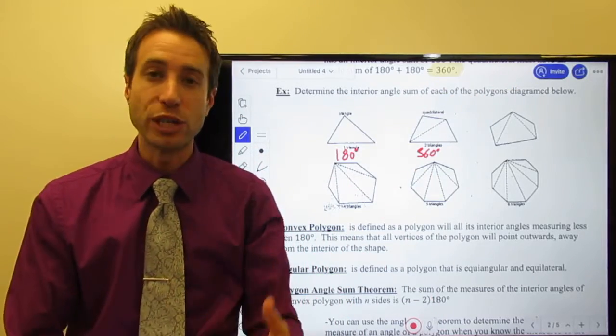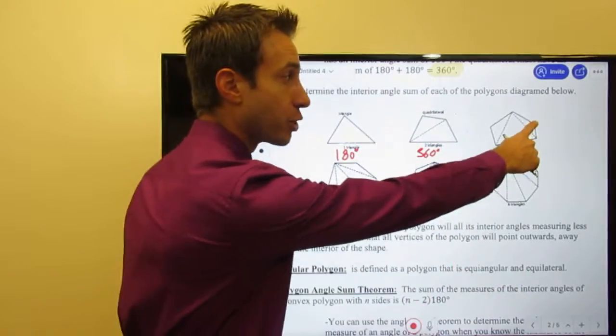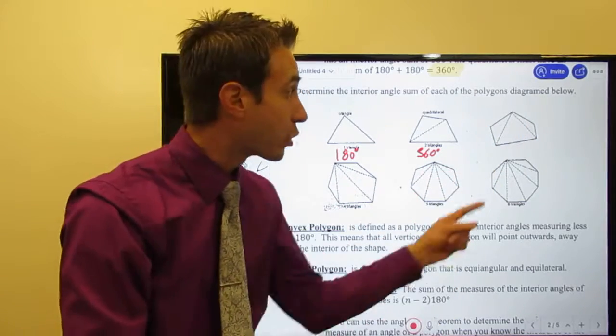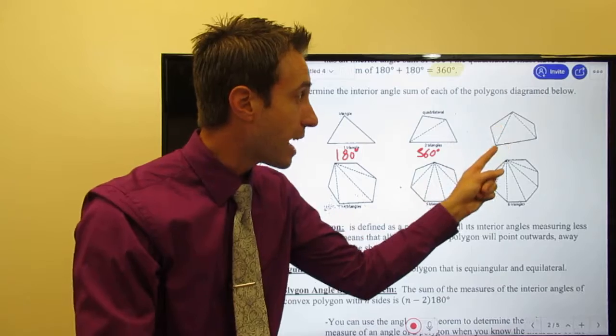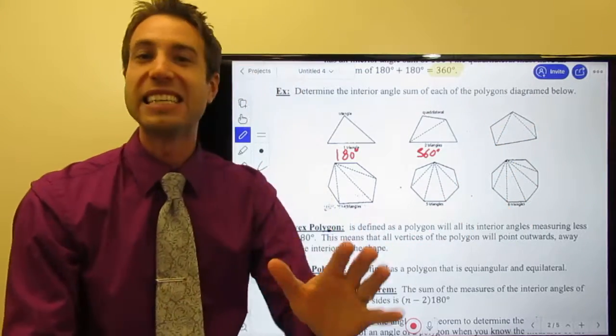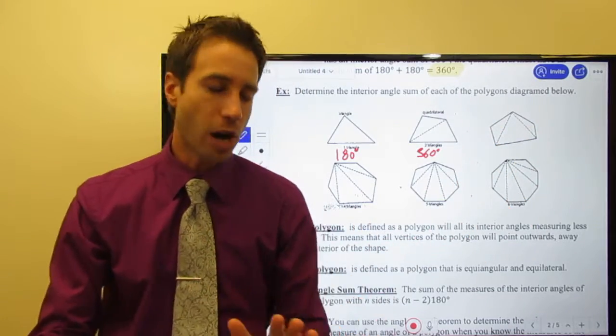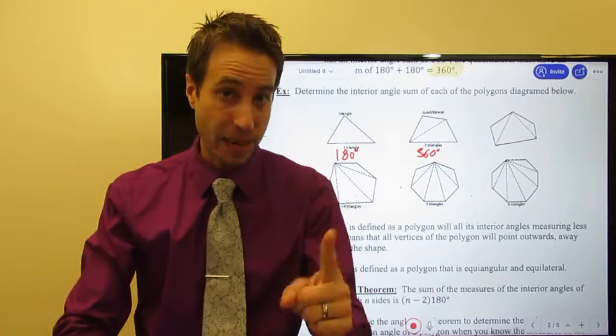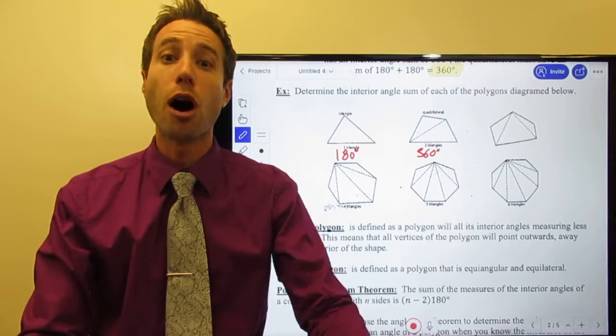It doesn't matter which vertex. I could just as easily have chosen this vertex and drawn my triangles. I could have chosen this vertex and drawn my triangles. Doesn't matter. Please do not obsess over which. There's no right or wrong vertex. Pick a vertex. Draw your triangles.